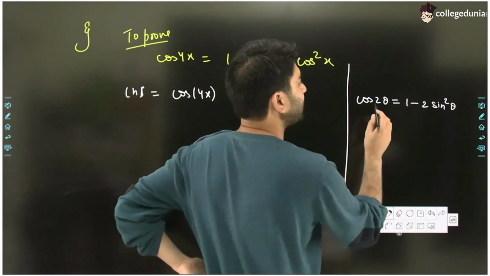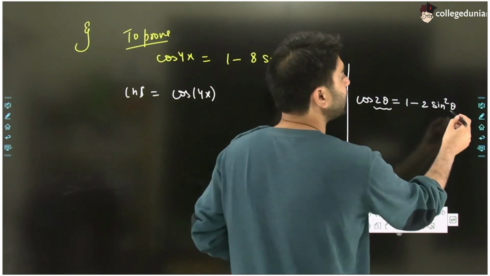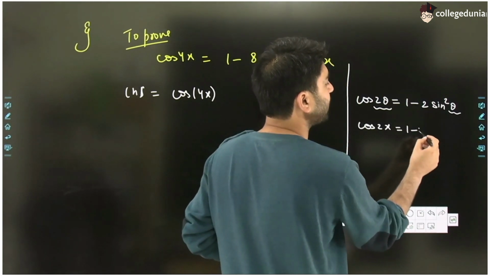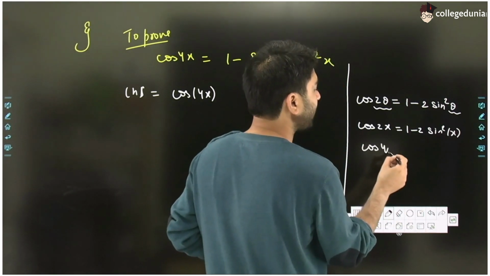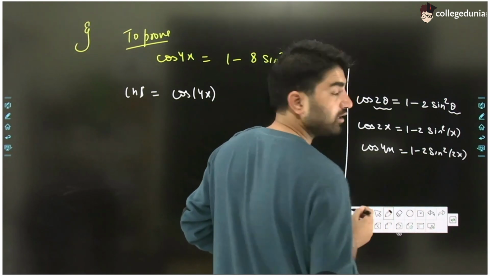Whatever the angle in the left hand side, it will be halved in the right hand side and become theta. Suppose we have cos 2x in the left hand side, then it will become 1 minus 2 sine square x. Suppose this is 4x in the left hand side, it will become 2x in the right hand side.